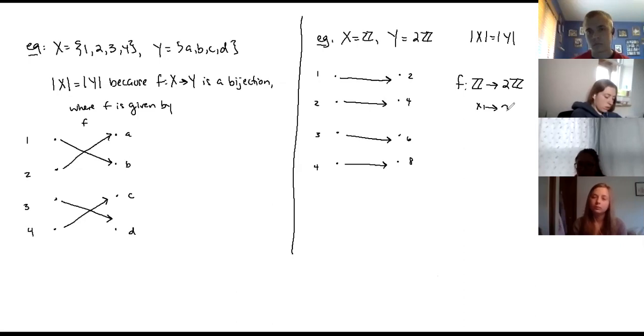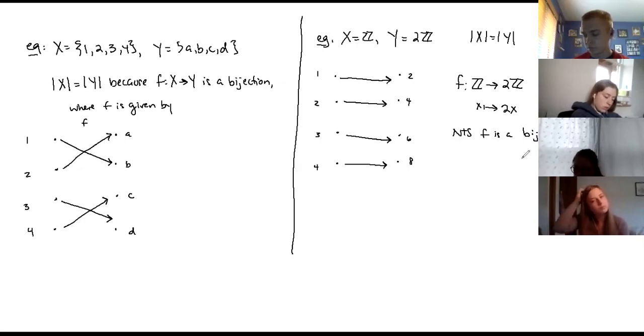So x is going to get sent to 2x. Does that make sense? That's my function that I'm claiming is a bijection. Okay, all right. I need to show that f is a bijection. That's what I need to do in order to finish up my proof. So I need to show that f is 1 to 1 and that f is onto.